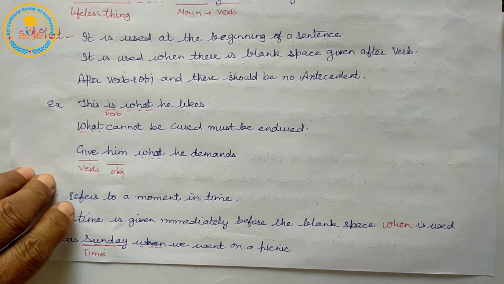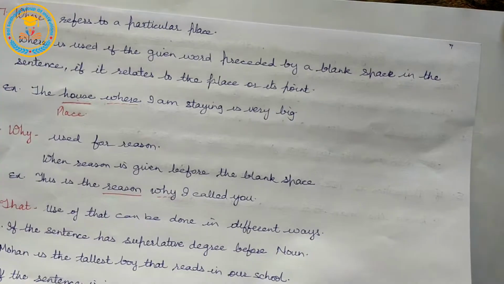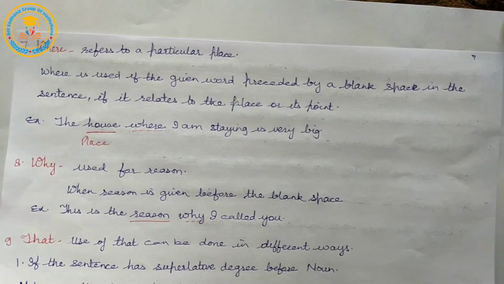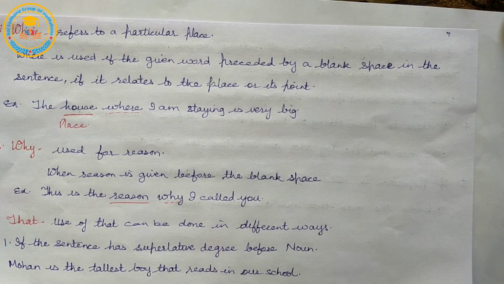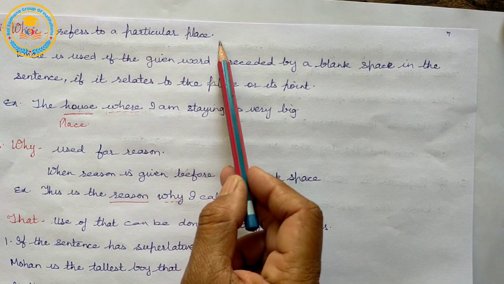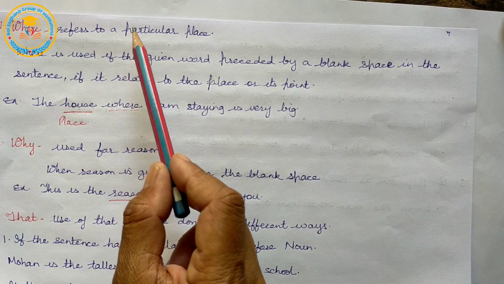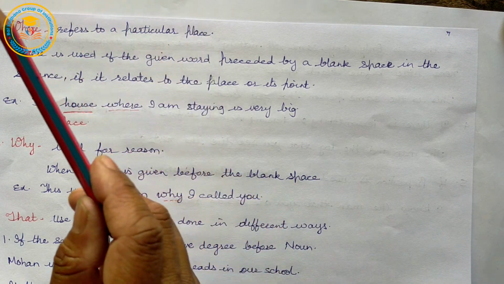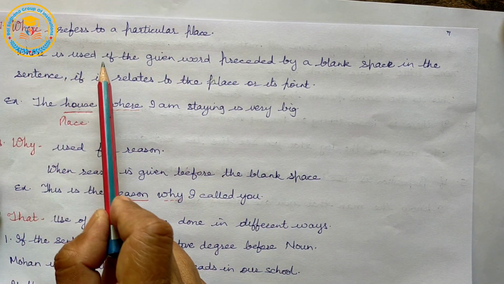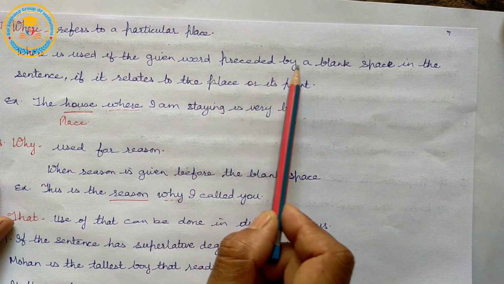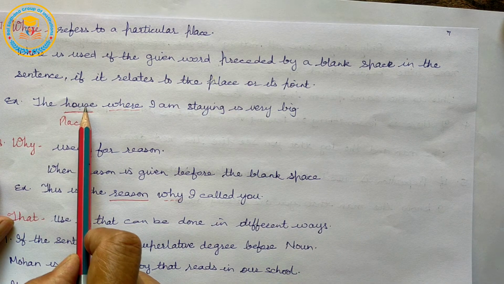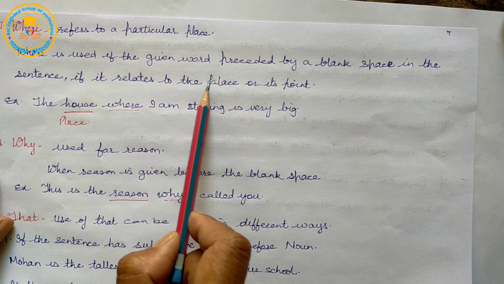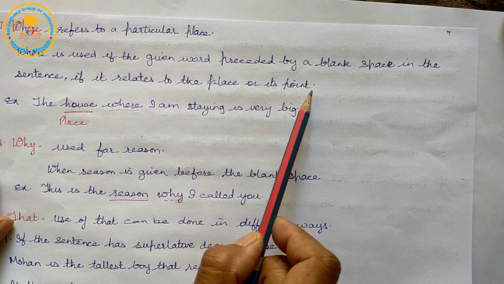Our next is where. Where refers to a particular place. Where is used if the given word preceded by a blank space relates to the place or its point.